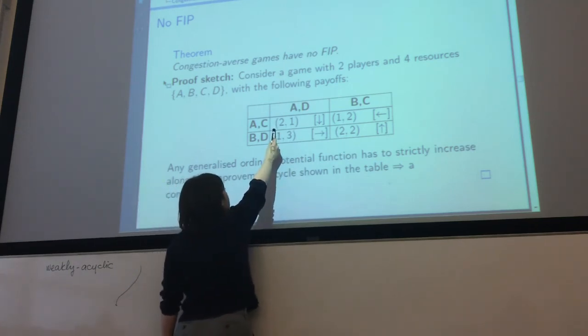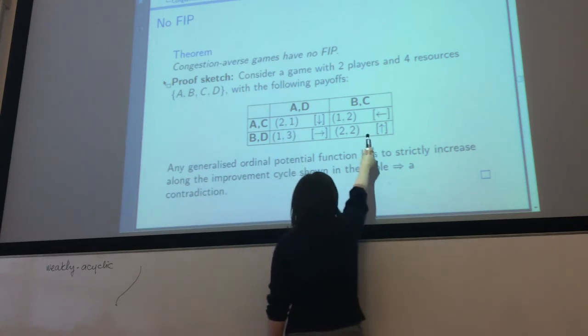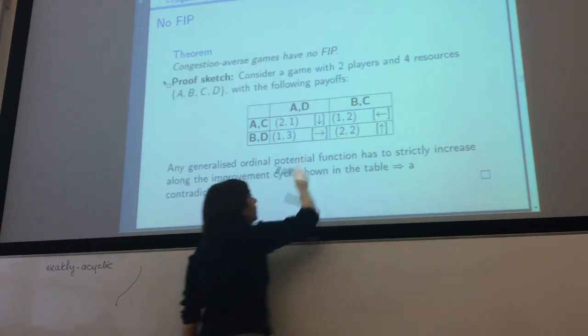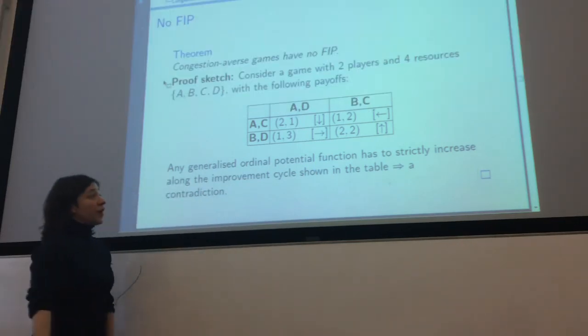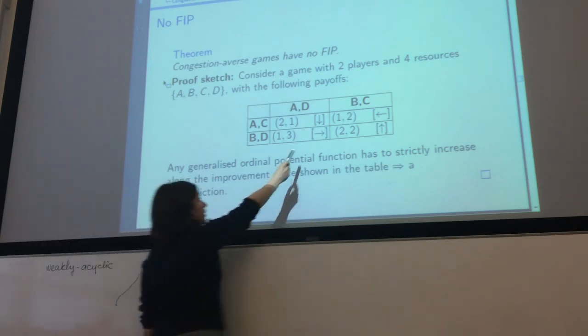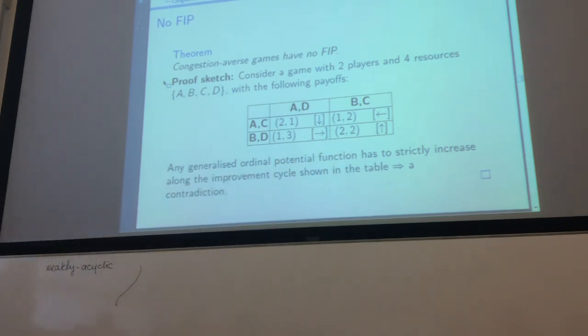So here the potential function must drop, there it must drop, there it must drop, there it must drop again. So there is a cycle, a strict cycle, and we can't find numbers that would satisfy that. So that's impossible to construct a function.